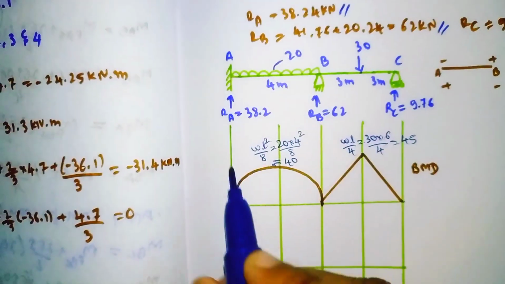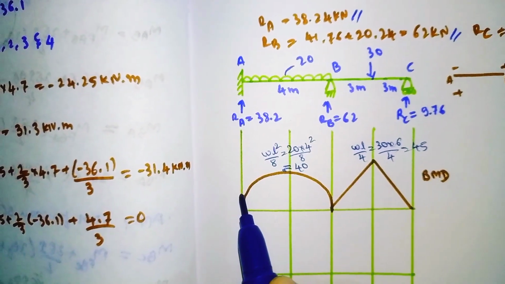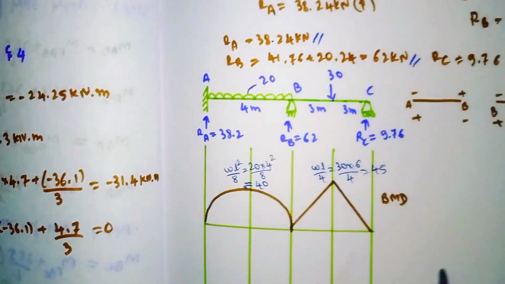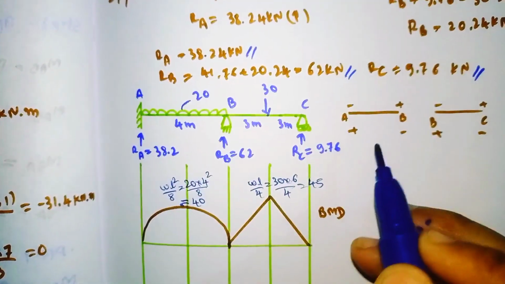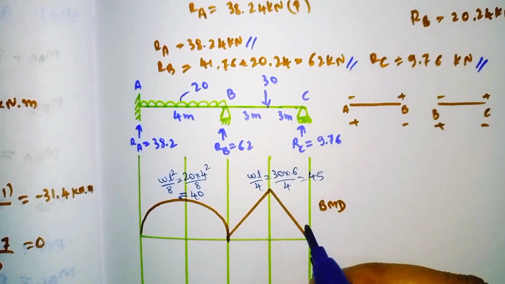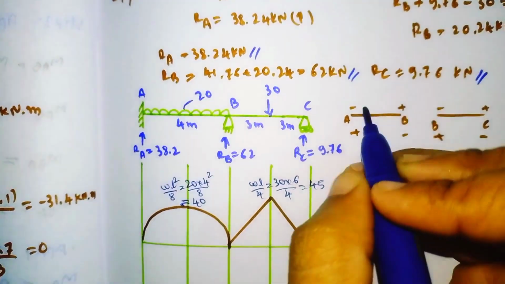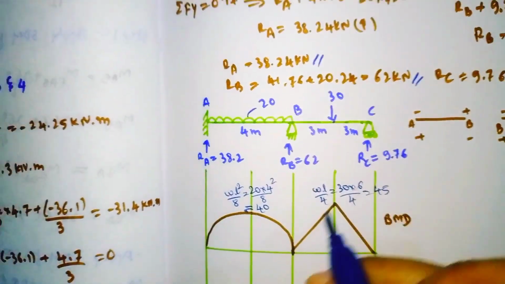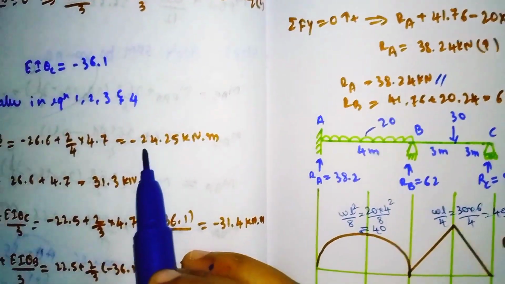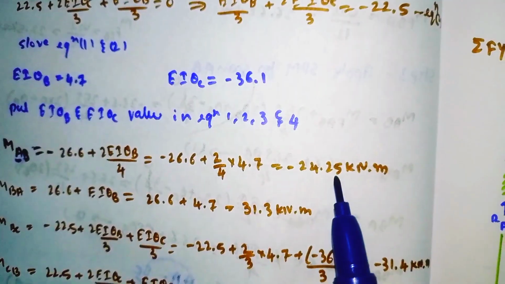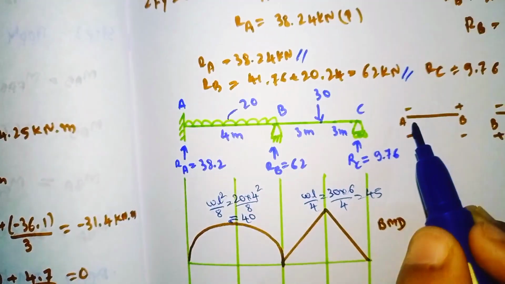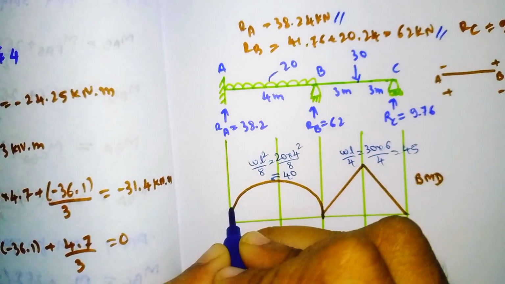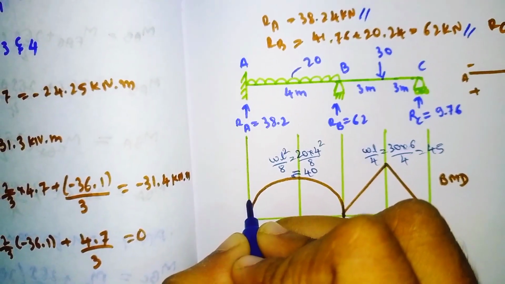See here, always for drawing the net bending moment, our negative value comes above the neutral axis. So for point A, our value is minus 24.25, so it comes above the neutral axis. It comes here.